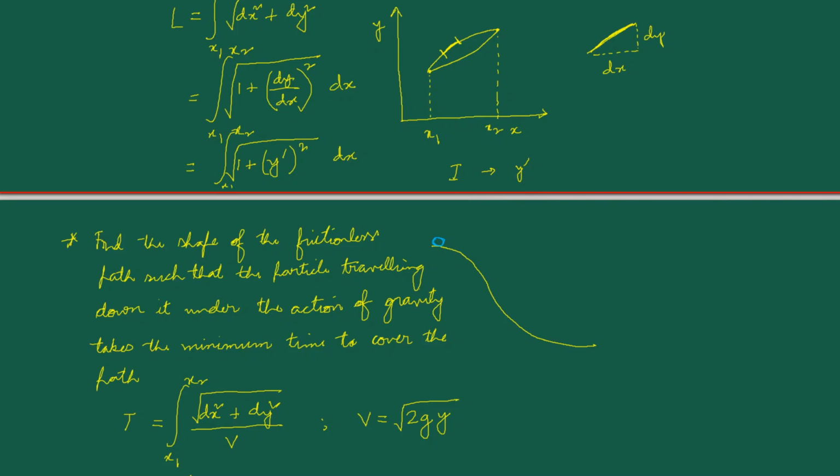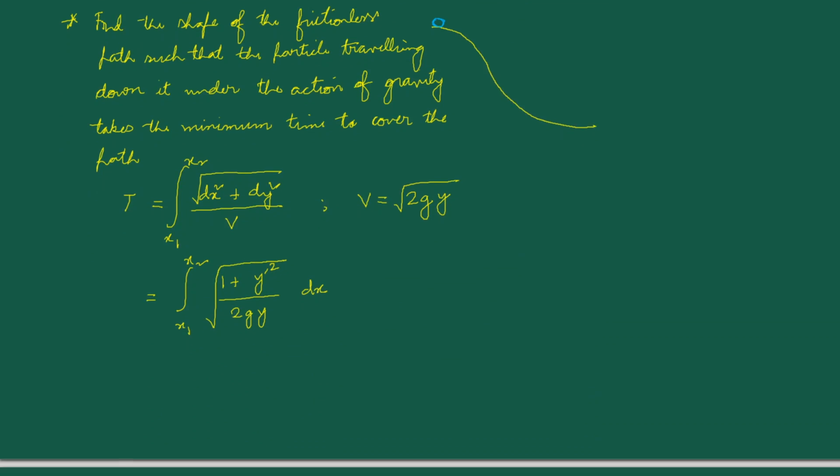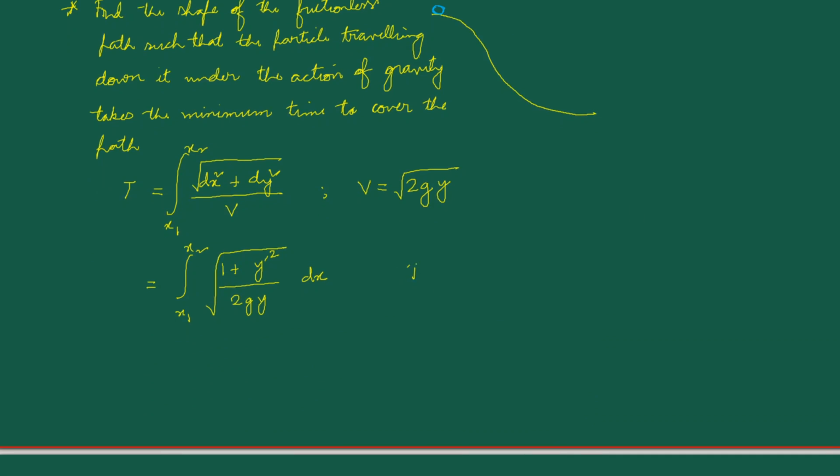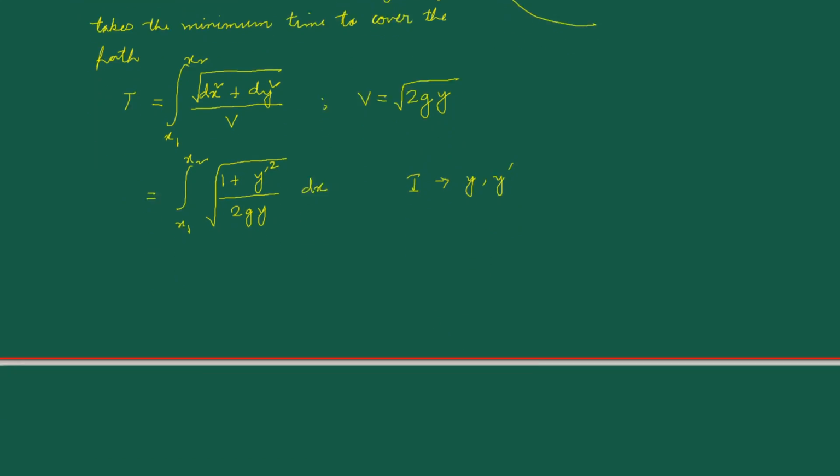Next, you see here, if you think of this t like a general integration, it is dependent on y as well as y dash. So previously it was just y dash. Now it is both y and y dash.